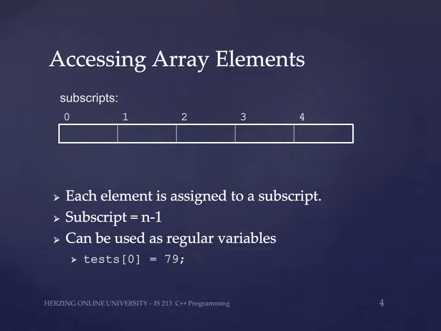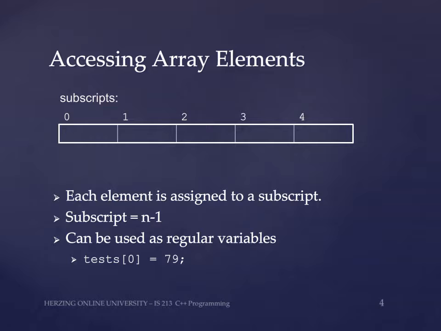So in the previous example where we have int test[5], that means the number of elements in the array is 5, and it starts at 0. So you have 0, 1, 2, 3, 4, where the last is n-1. Array elements can be used as regular variables.